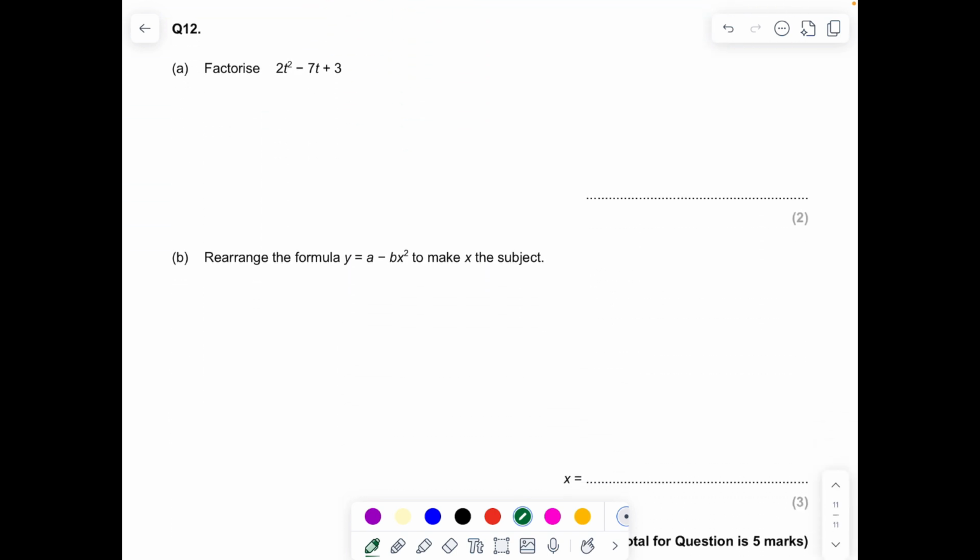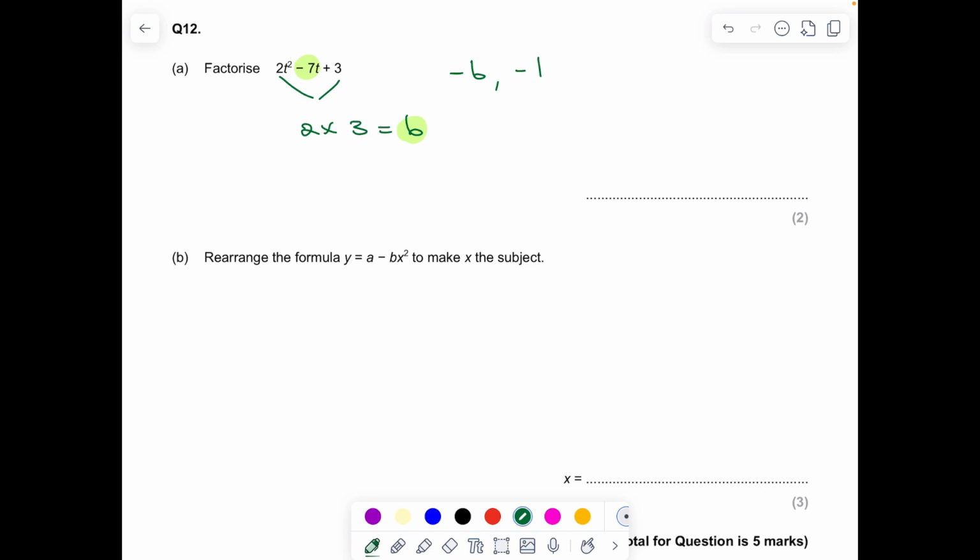Okay, factorising. Remember, you start off by doing 2 times 3, which is 6. And so we're looking for 2 numbers that multiply to make 6, that add to make minus 7. Those 2 numbers are minus 6 and minus 1, because they will multiply to make a positive 6, but add to make minus 7.